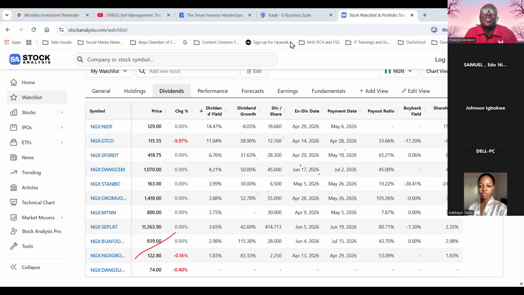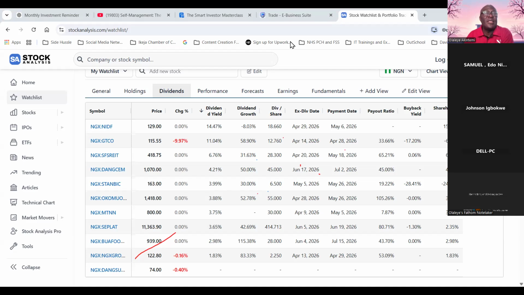When they say stock metrics, they are simply talking about all these headings you have here: fundamentals, earnings, forecast, performance, dividend. There are a lot of things you can check. Sometimes when people ask some cheap questions in the Telegram group, I wonder if they have Stock Analysis, because they could easily find the answer to their question. But most people prefer to ask the question. They prefer somebody to give them fish. They don't want to learn how to catch fish.